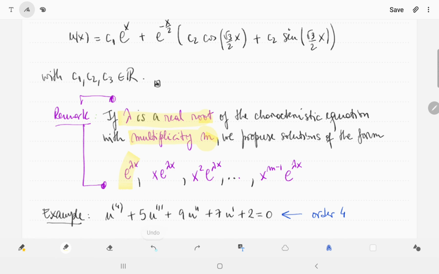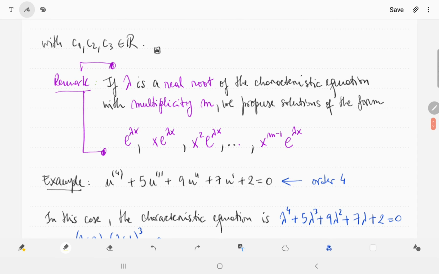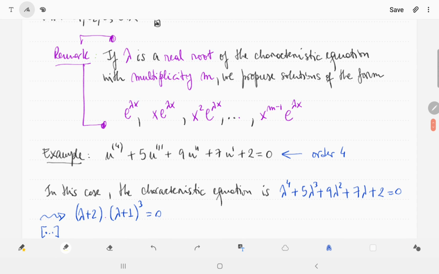But what I'm saying with this remark is, imagine that we have a root with multiplicity 3, then we would have these 3 first functions. With multiplicity 4, we add x to the power 3 with the same exponential, and so on. Okay, so just keep this remark in mind.